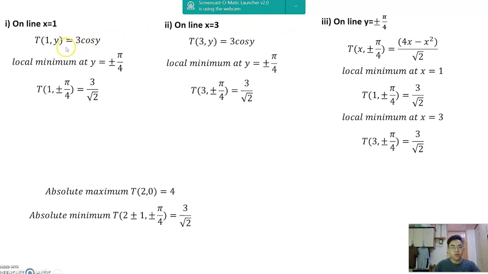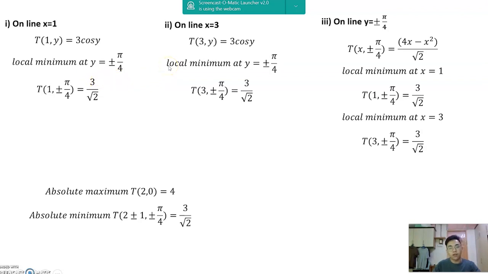By substituting x equal to 1 into the temperature formula, we get the answer 3 times cos y. The local minimum at y is equal to plus minus pi over 4. By substituting this answer into the temperature formula, we get that the temperature at one of the corners is 3 over square root 2 degrees Celsius.